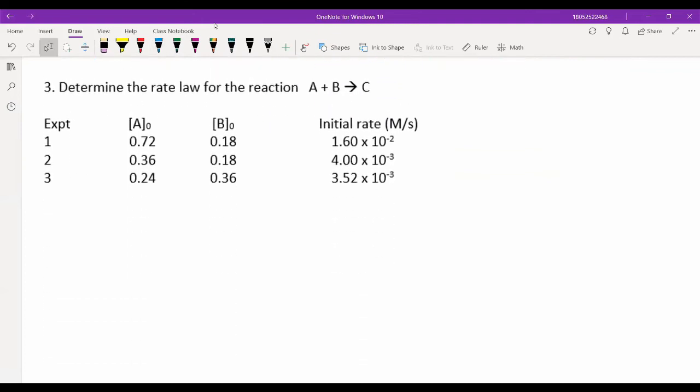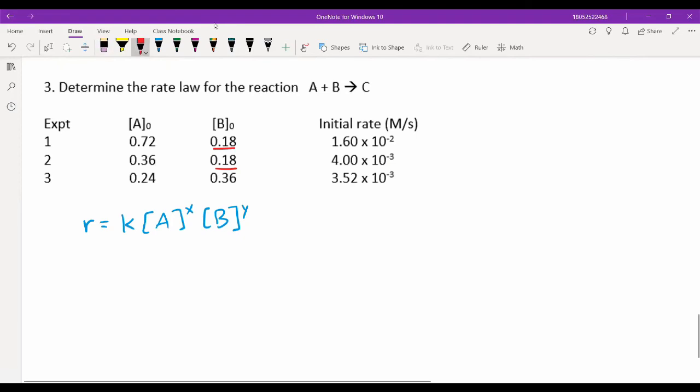One last one would be maybe considered a little bit different, in that maybe slightly challenging at first if you're doing it the normal way, because when we set this up to solve for the rate law, we can find the order for A, because the concentration of B is the same in these first two experiments, and A is changing.